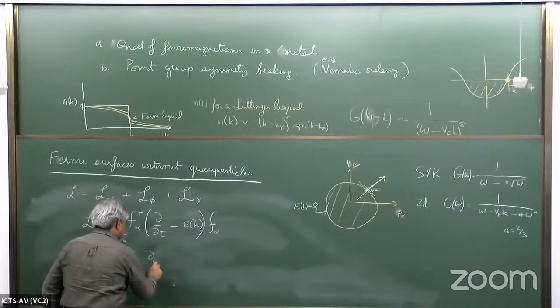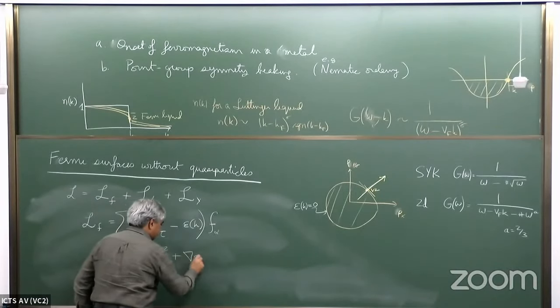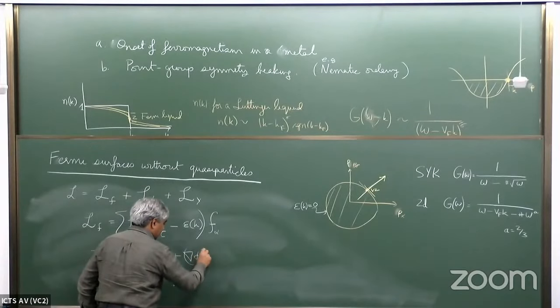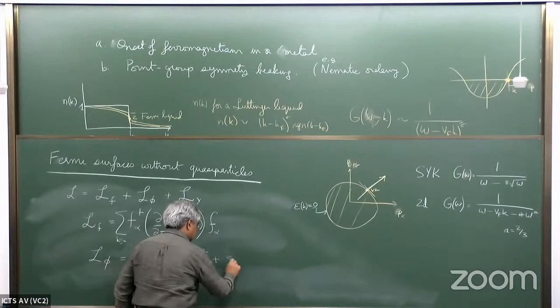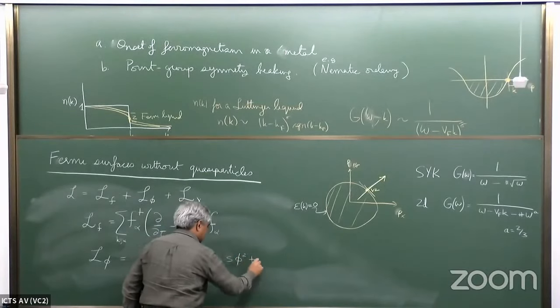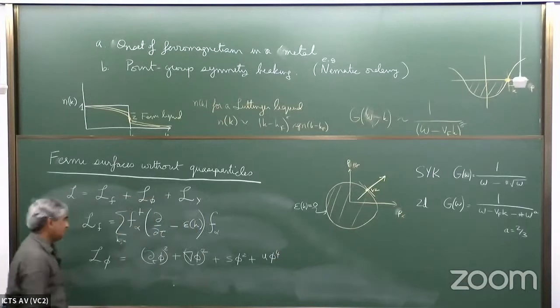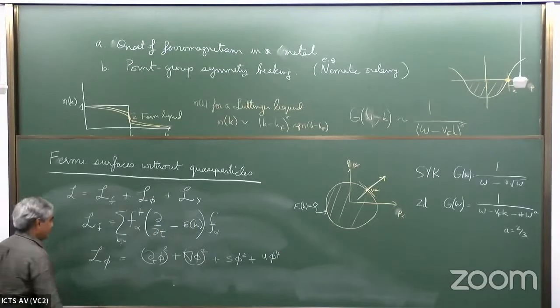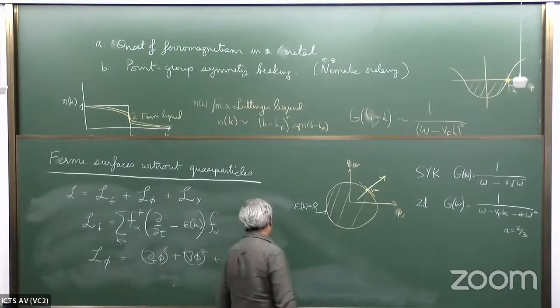So there's some (∇φ)², there's φ², plus some sφ² plus uφ⁴, schematically. And now this order parameter φ, I'll think of as a ferromagnetic order parameter.